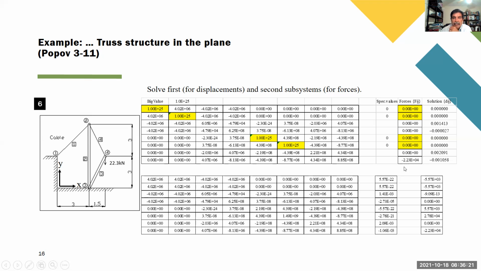So right now we know all the displacements in the global reference system. One more time, let me put it here: displacements in global reference system.